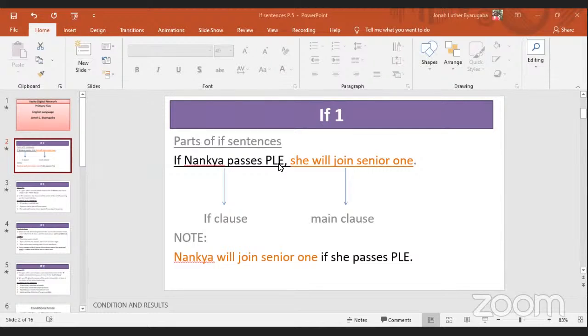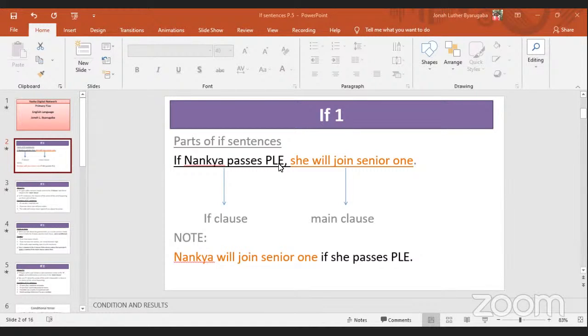What I was saying, there are three categories or three types of if sentences. We have if one, if two, and if three. Each if sentence, whether it is if one, if two or if three, has two parts. It has the if clause, which you can also call the subordinate clause or the minor clause. Then it has the main clause.